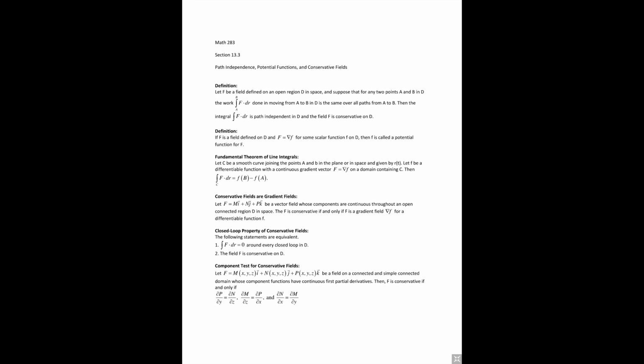Okay. So if we take a look at this, this is dealing with independent paths, potential fields, and conservative fields.